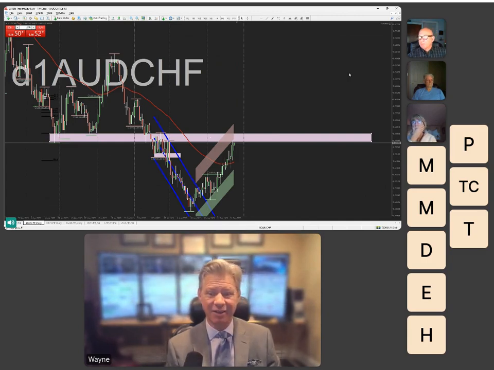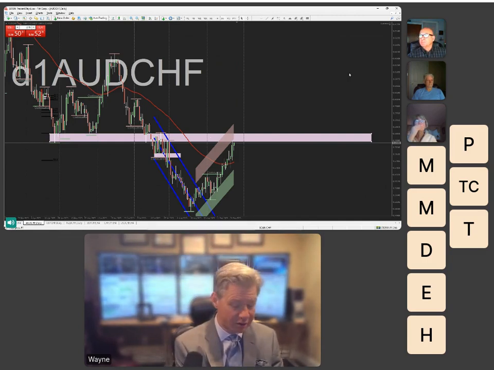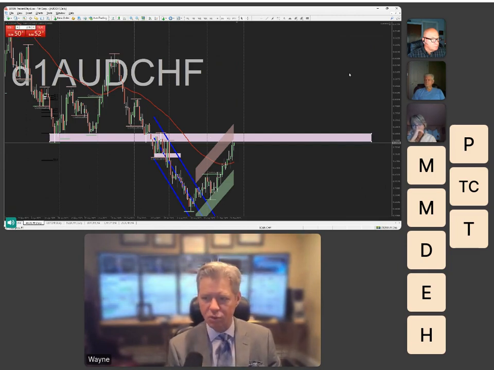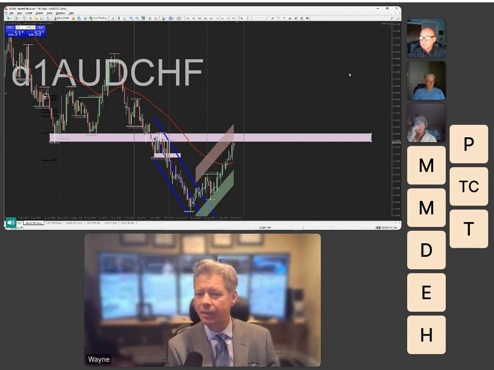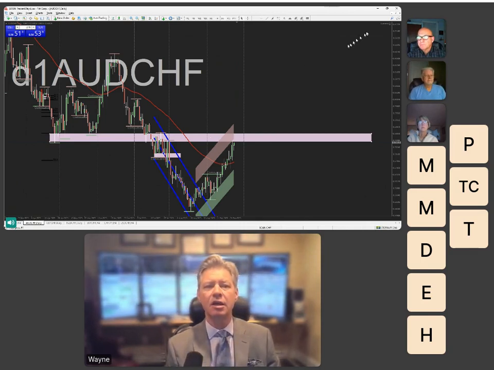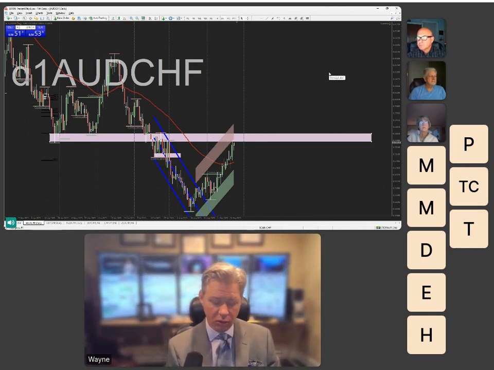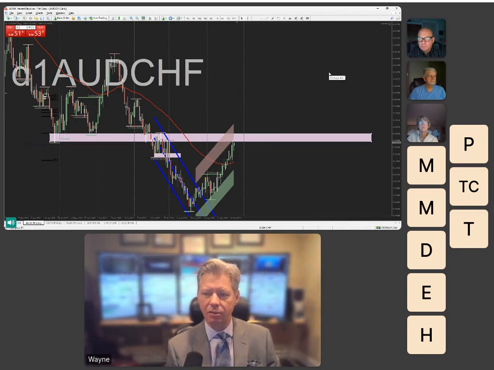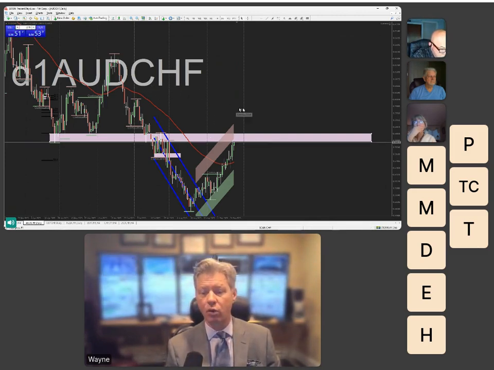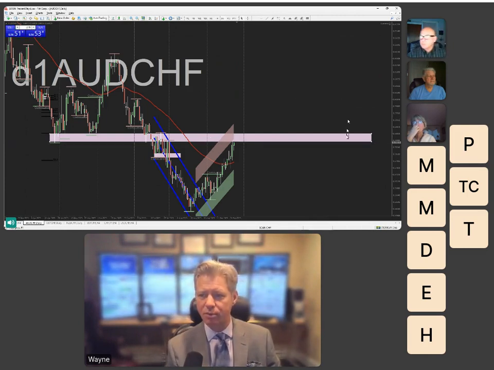So if QuantBox, and remember, we did talk about this a week ago and even a month ago, the central bank of Switzerland wants a weak Swiss franc. Aussie's not even that great of a currency, but you might have some confidence to say with QuantBox, you can rely on the Swiss National Bank to maintain its stance or its policy of creating a weak Swiss franc, and therefore you can go for more than 22 pips profit.